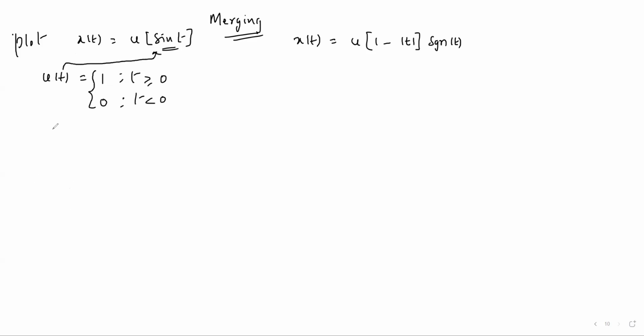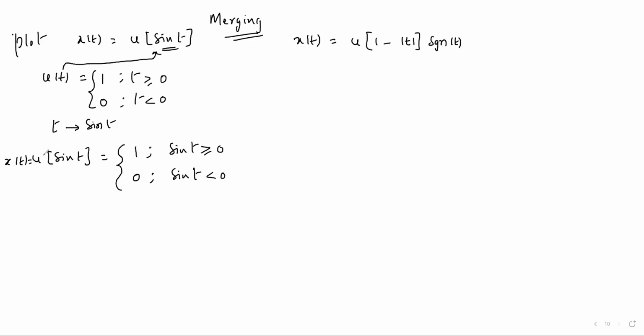Let us replace every t with sin t in this expression. Then u of sin t is equal to 1 for sin t greater than or equal to 0, and equal to 0 for sin t less than 0. This is the definition for the given signal x of t.